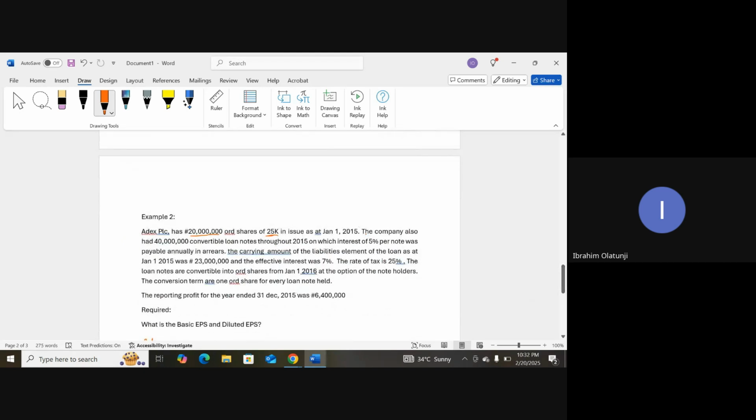If you look at this question, the company also had 14 million convertible loan stock throughout.